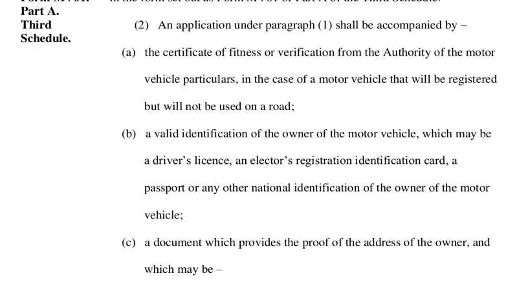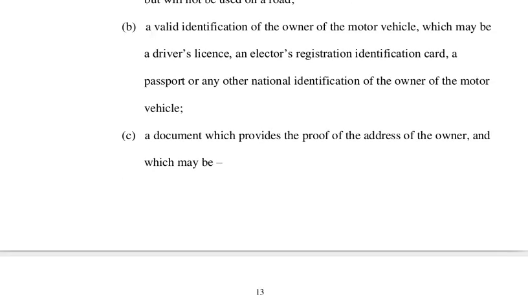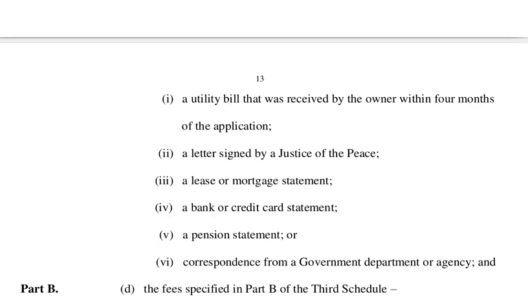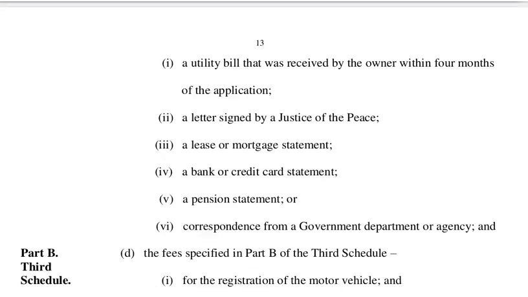the motor vehicle. C. A document which provides the proof of the address of the owner, which may be 1. A utility bill that was received by the owner within 4 months of the application. So these, remember, would be required if you're going for the first time.